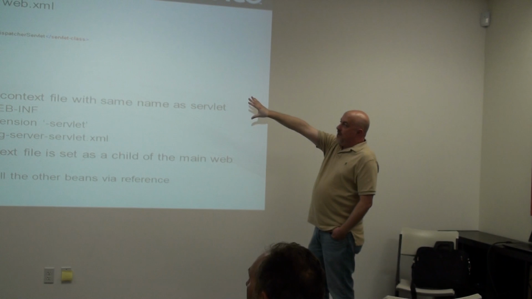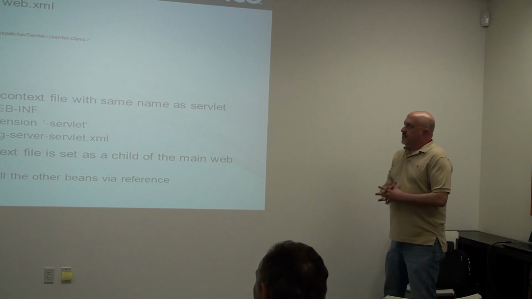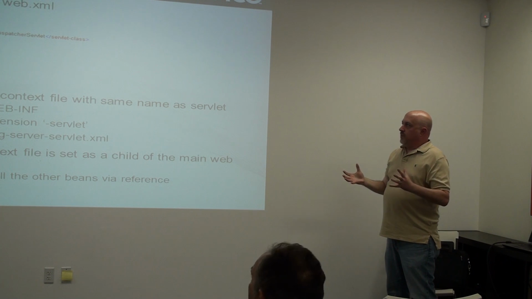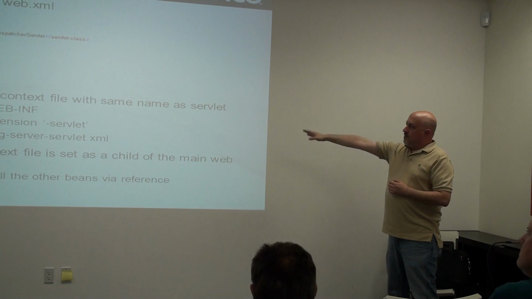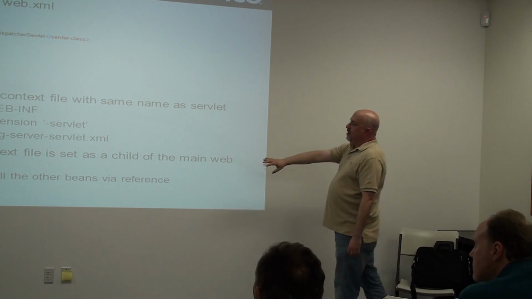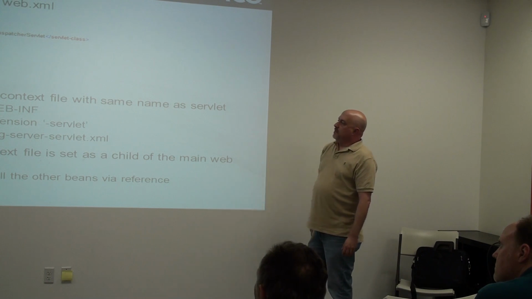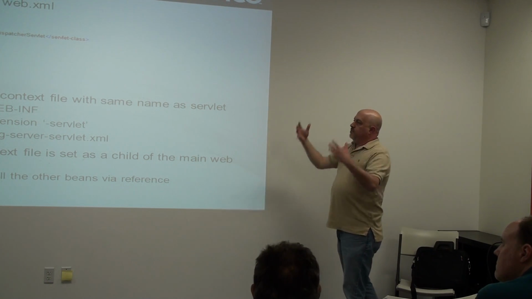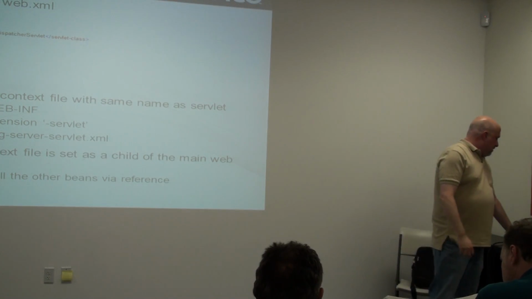Typically what you see above this section is the Spring context listener that loads the web application context and loads all your other Spring configuration. That's created first and set up as a parent context to whatever you put in your scoring server XML in this case. And so you have access to all those beans from your dispatcher servlet context.